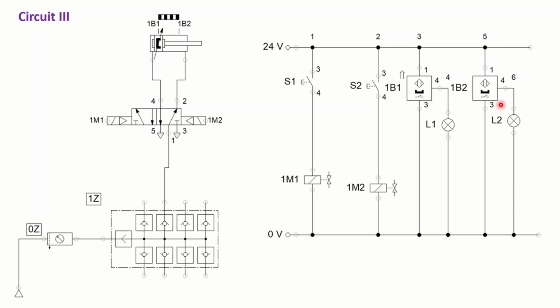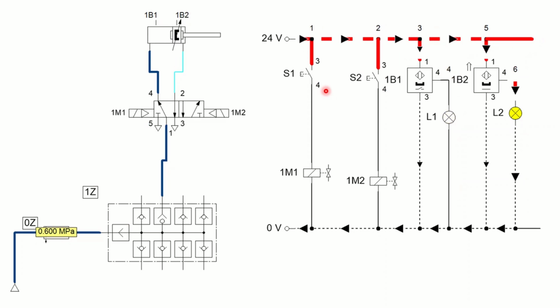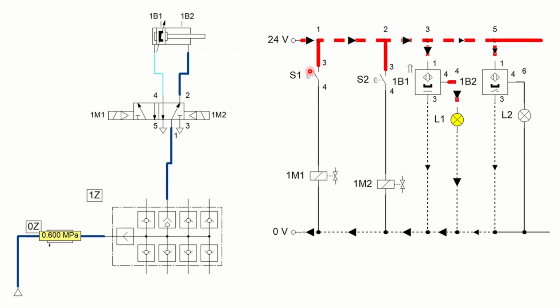If we want to see how this system operates, we have to look here. At the initial position, because we are in the fully retracted position, we won't have any actuation right now. But if I push this button, this switch, 1M1 is energized and shifted to the second position.